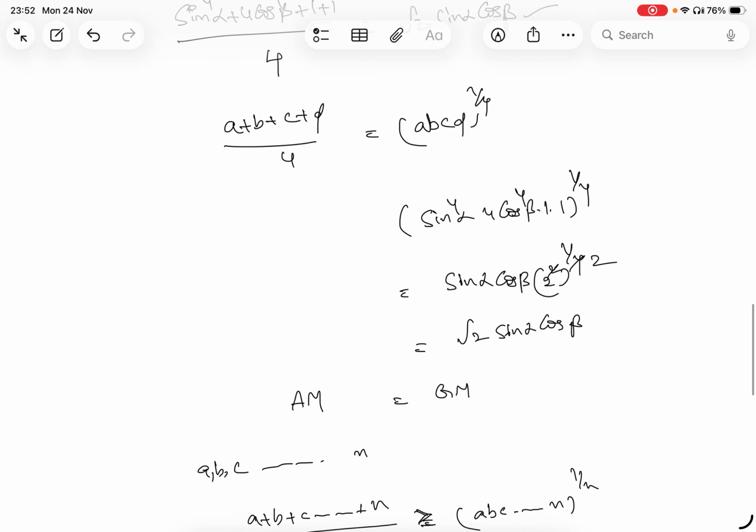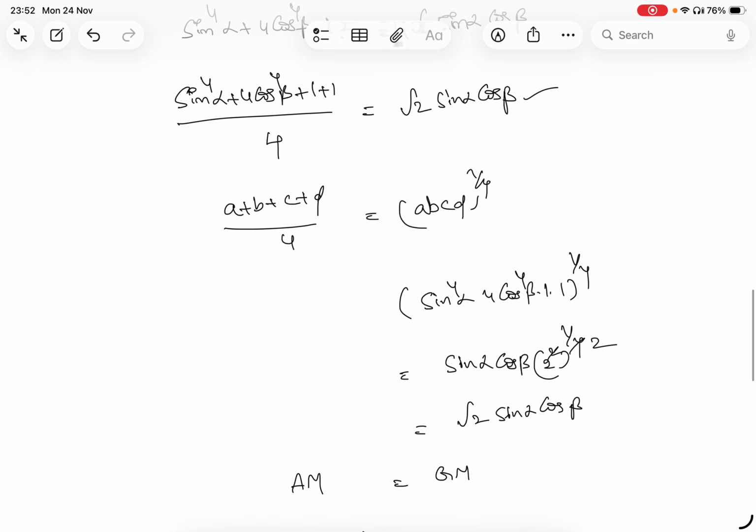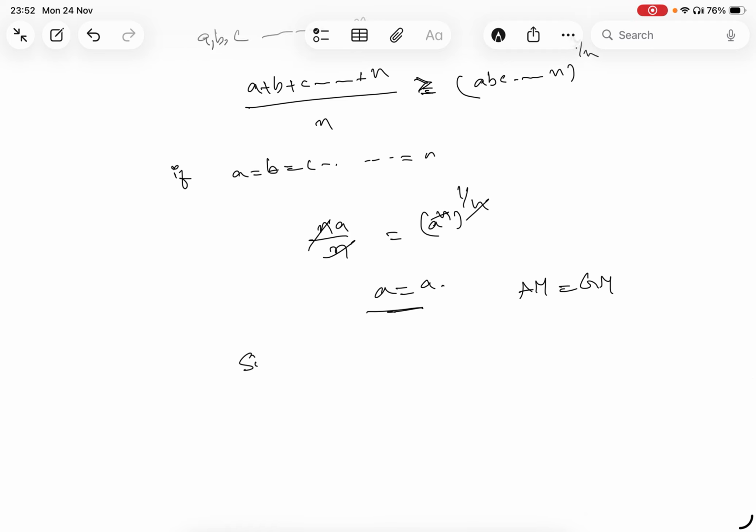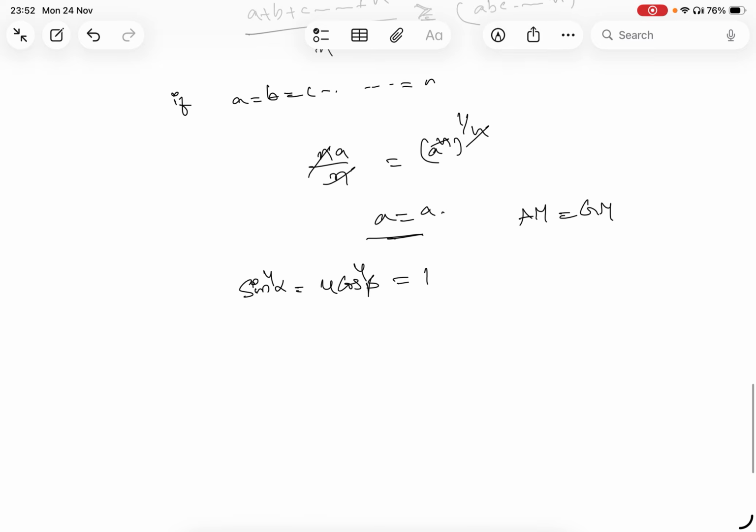Fine. In that case, our four terms are sine power 4 alpha, 4 cos power 4 beta, 1 and 1. Then these terms must be equal. Now our given range for alpha and beta is 0 to pi.